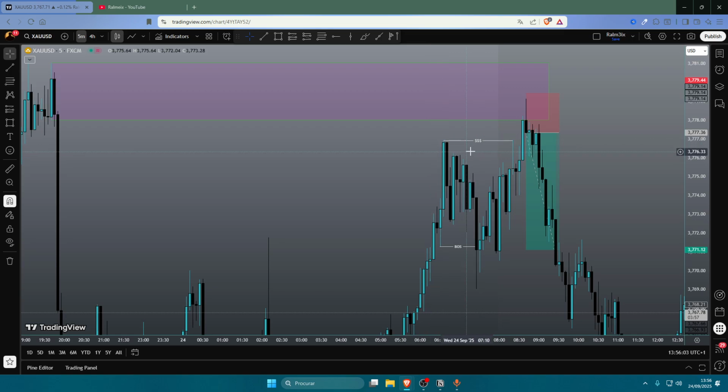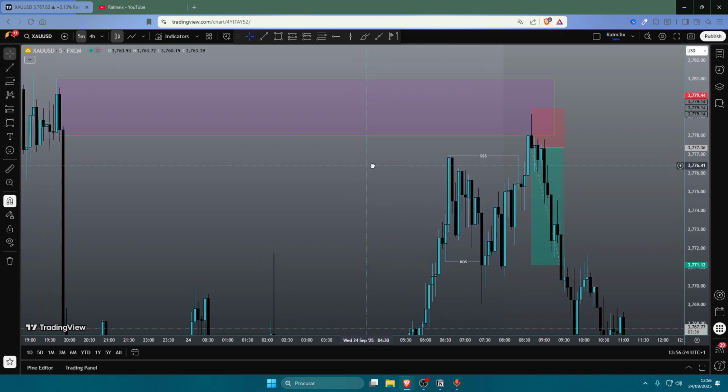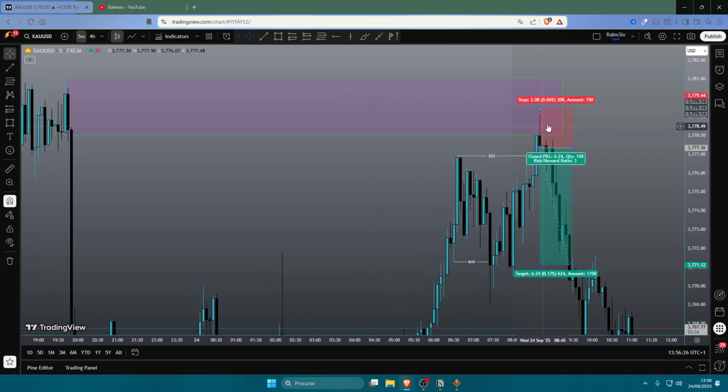So for me, this is an A+ setup, because I don't care about the trend. If you care about the trend, it will be an A instead of A+. But yeah, we have inducement with 2 candles, which is very good. Next, we have a closure and break below the low of the liquidity. And next price taps the zone here.